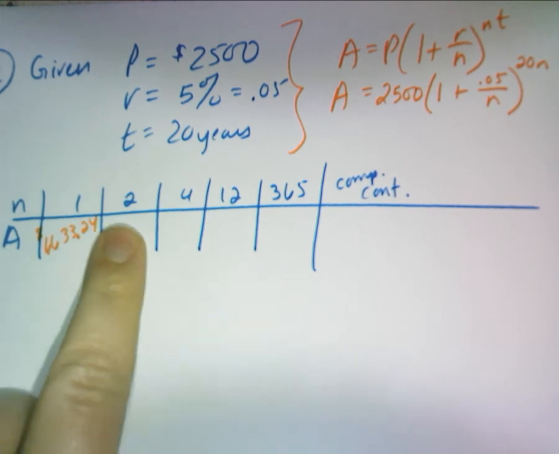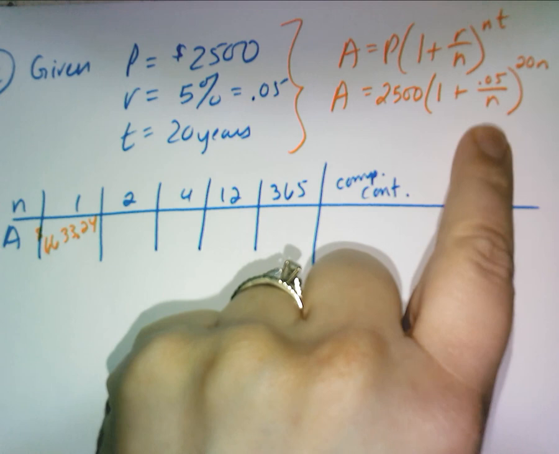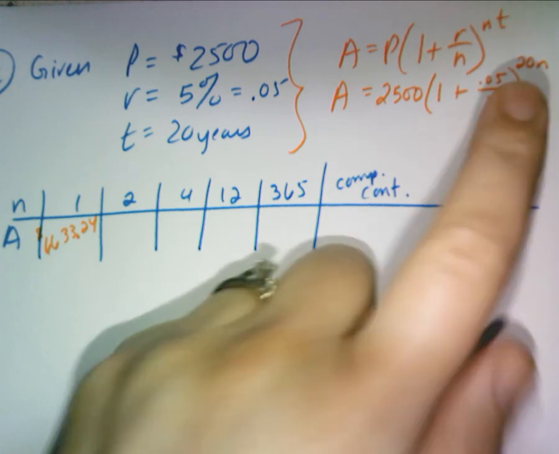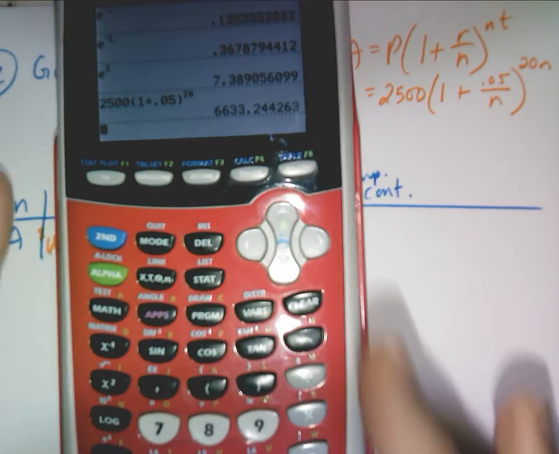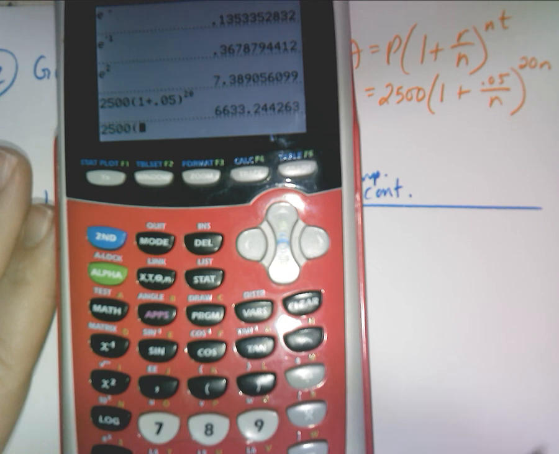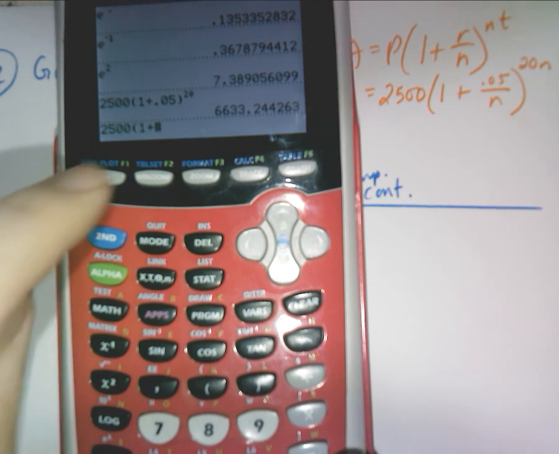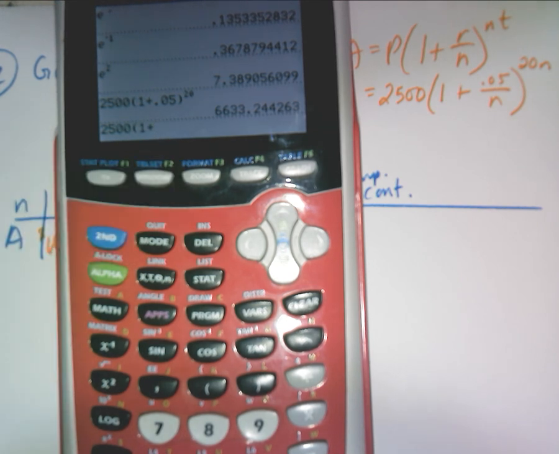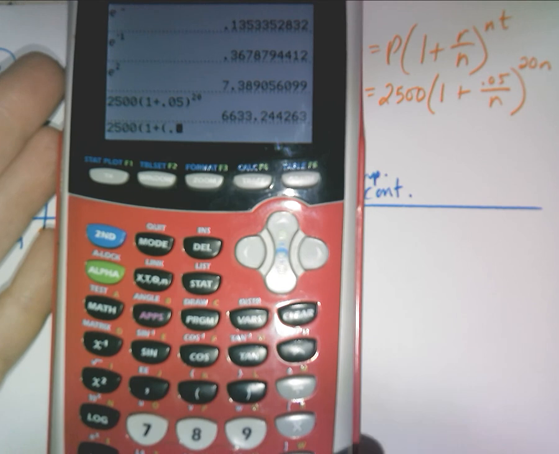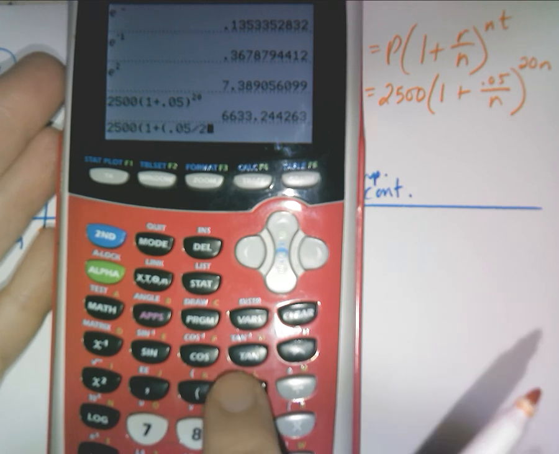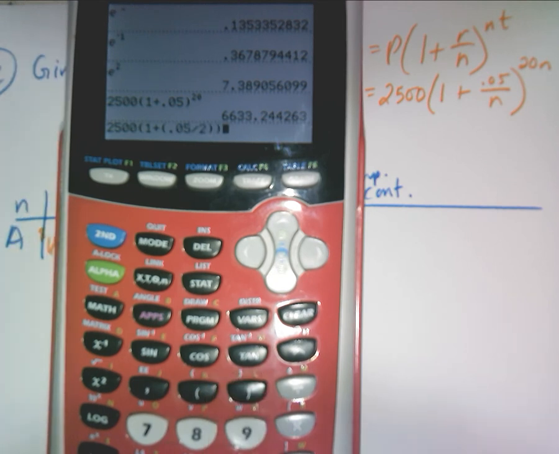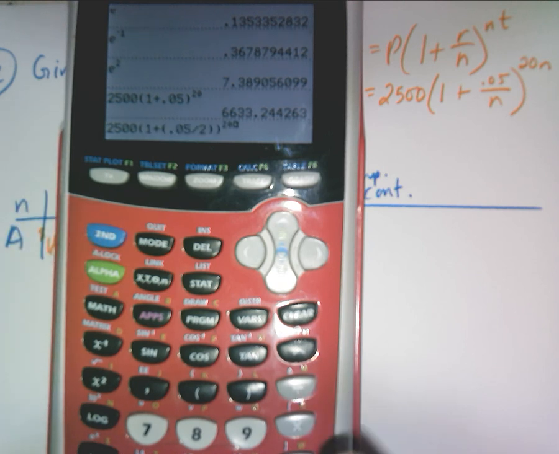Now, when I do number 2 in here, I just want you to watch what I do. I actually do it a couple different ways, but I would type 2,500 times (1 plus, and then in its own parenthesis, 0.05 divided by 2 in its own parenthesis). Then I raise it to the power of 20n, so 20 times 2.